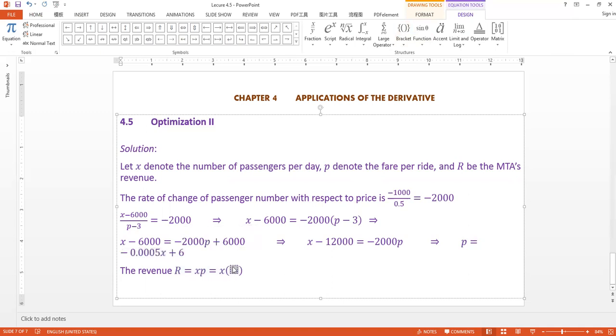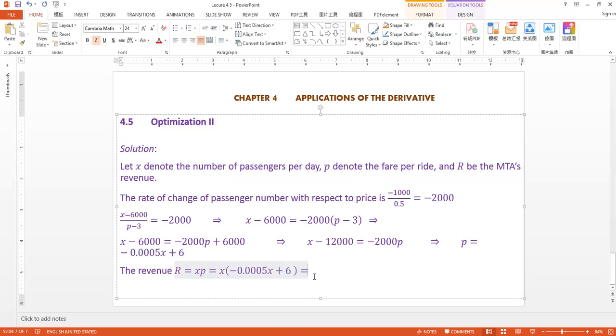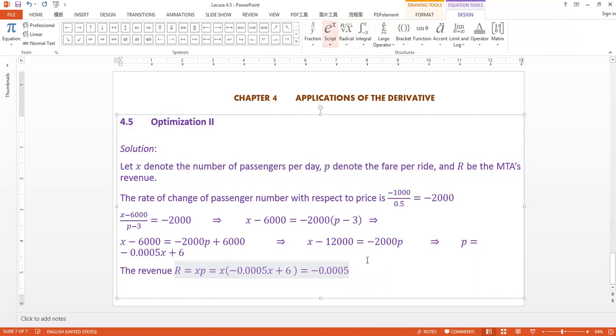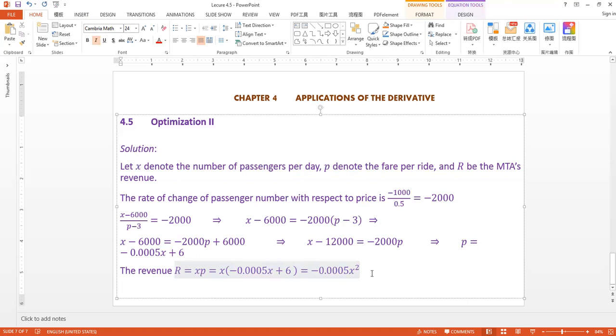So just multiply by that. If we distribute the x, we get negative 0.005x squared plus 6x. All right.